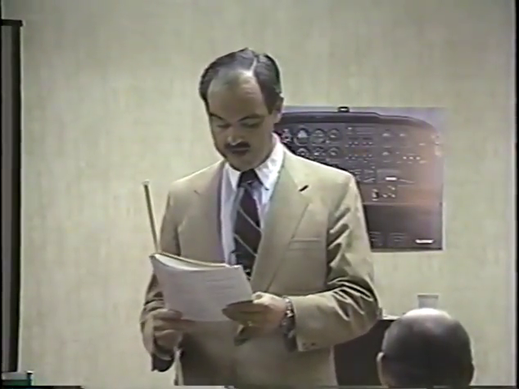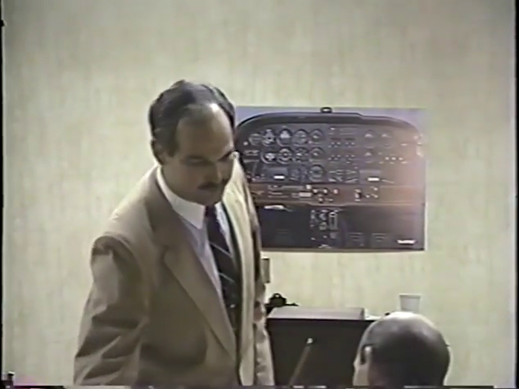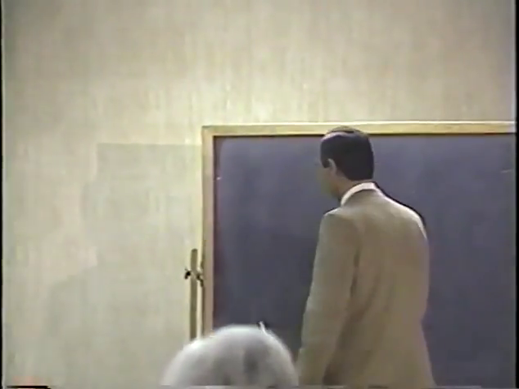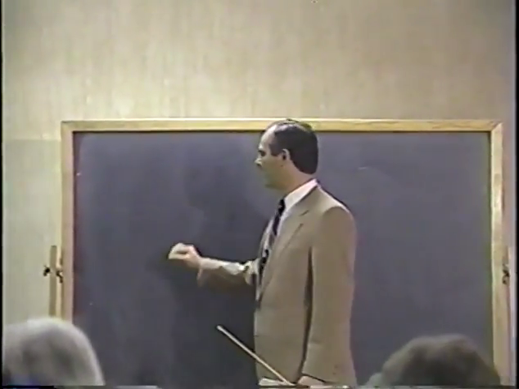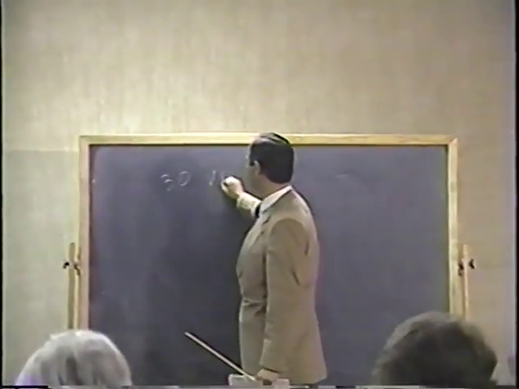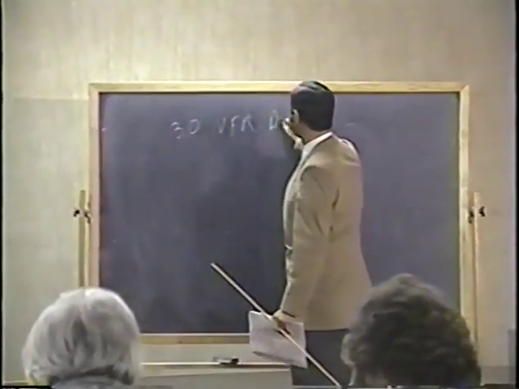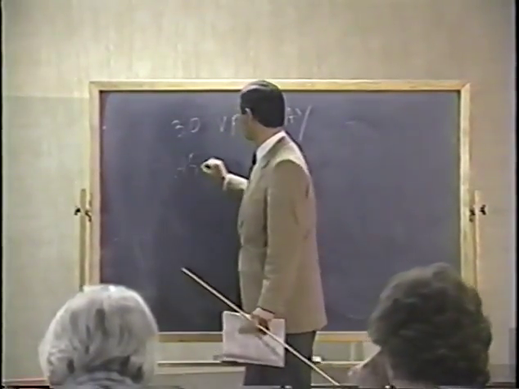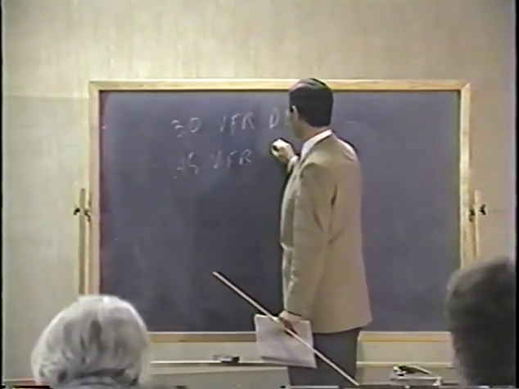Okay, 91.22 has to do with fuel requirements, all right? Take a look up here. Fuel requirements. I want to tell you this. The rule is 30 minutes for VFR day reserve and 45 minutes for VFR night.